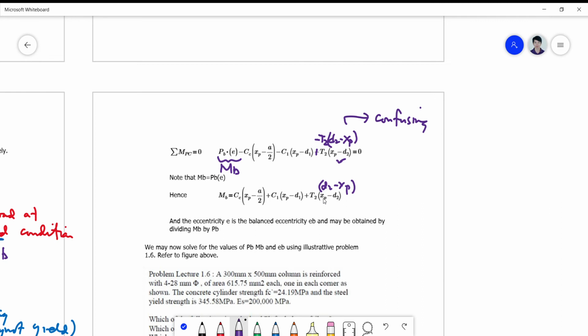So the eccentricity E is computed as the balance eccentricity EB and may be obtained by simply dividing MB by PB. So your EB here is simply equal to MB over PB.